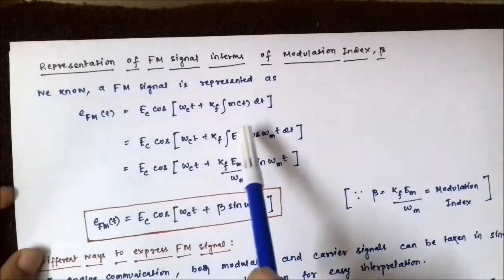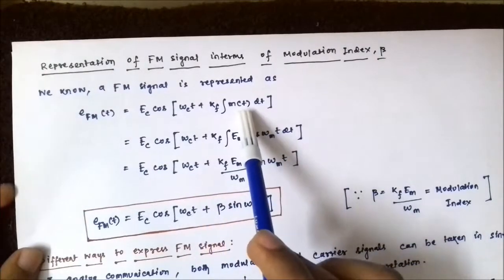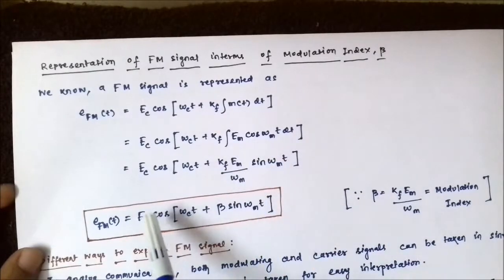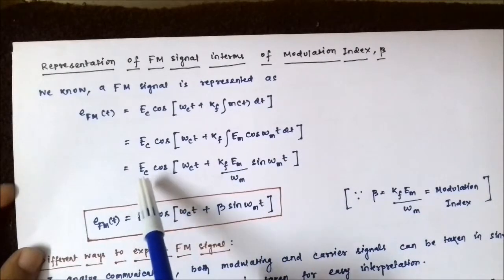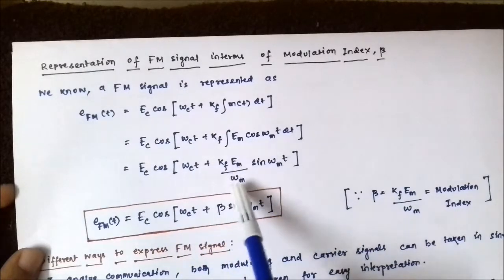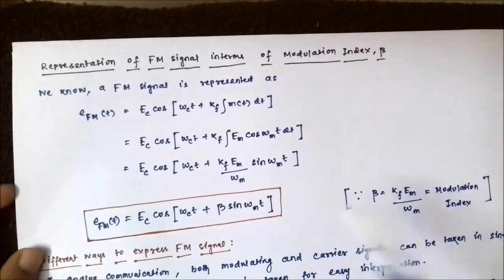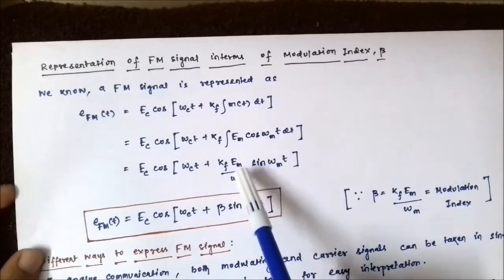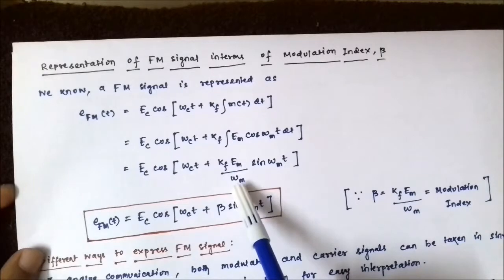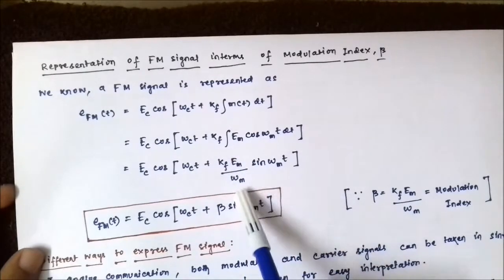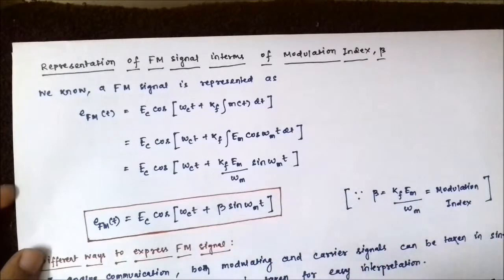Now when we substitute m(t) with Em cos omega m t and perform the integration, we get Ec cos of omega c t plus kf Em by omega m sin omega m t. This value kf Em by omega m is the modulation index, which is the ratio between the frequency deviation kf Em and the modulating signal frequency, which we just studied.